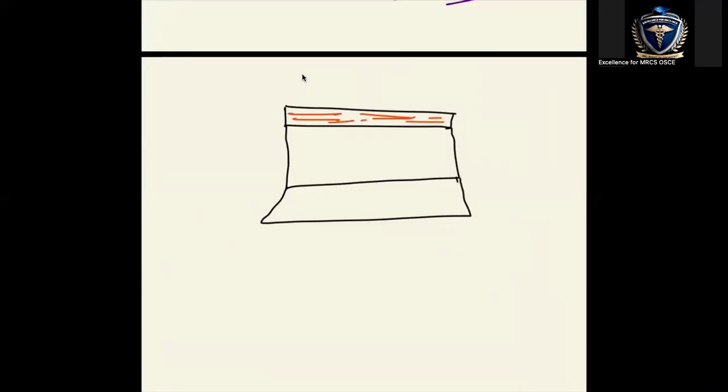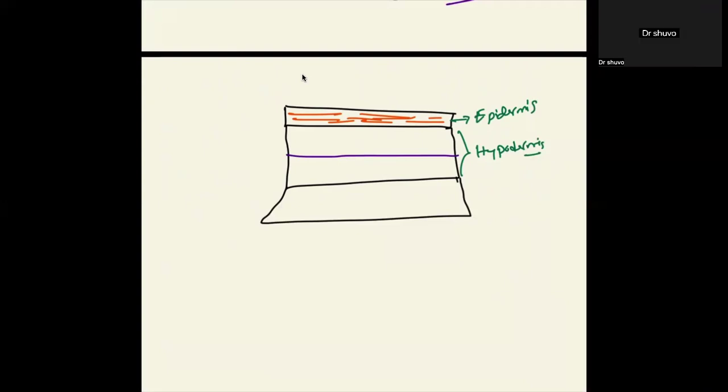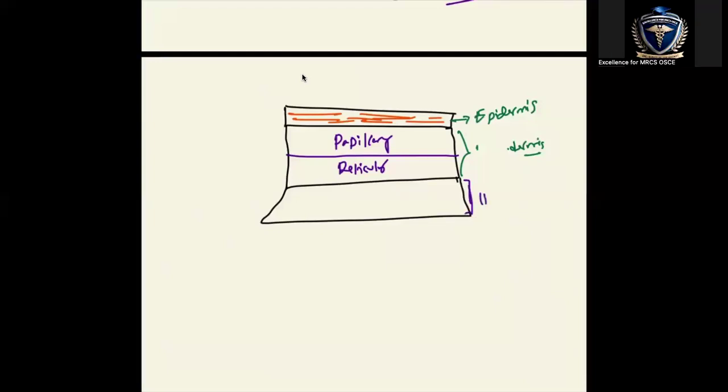The dermis has 2 layers, papillary and reticular. I made a mistake, sorry. This is dermis, and this one is hypodermis.